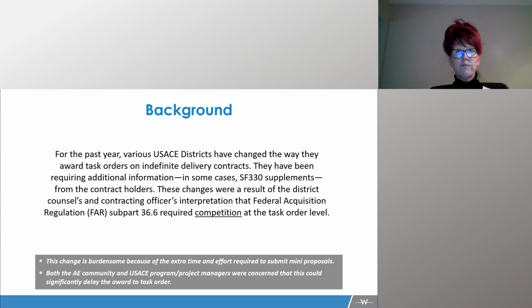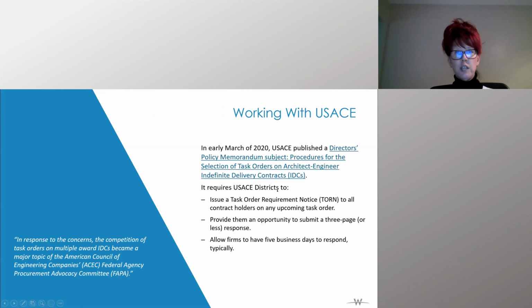These changes were a result of the district's counsel and contracting officers' interpretation that the FAR requires competition at the task order level. The short version is that in early March 2020, the Corps published a Director's Policy Memorandum. Basically that required the Corps districts to issue task order requirement notices, called TORNs, to all contract holders on any upcoming task orders, and to provide them with an opportunity to submit a 3-page or less response.